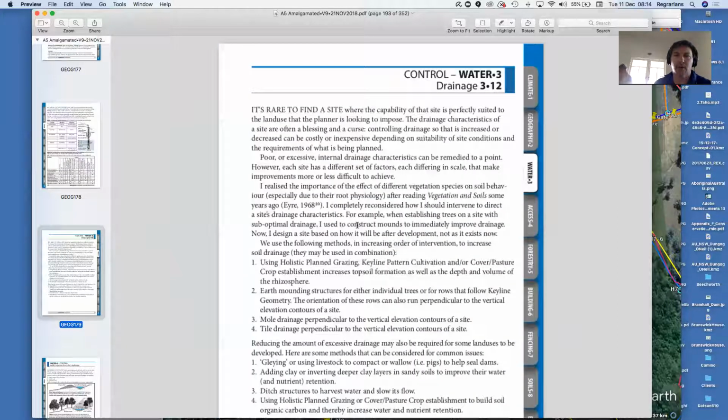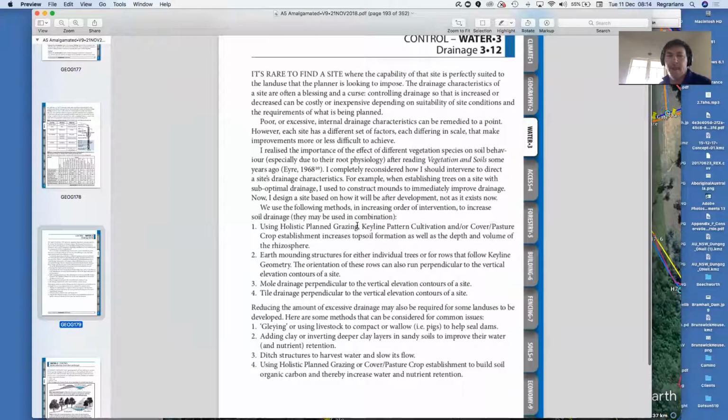Now, another thing I want to talk about, from the perspective of control, was drainage.